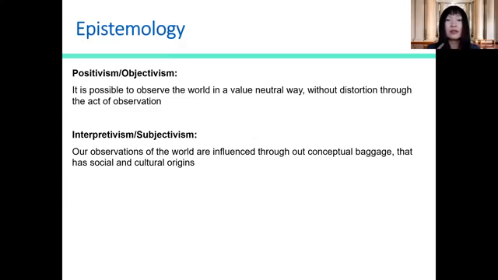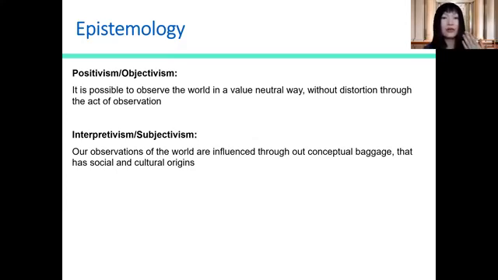So the value of the researcher does not influence the outcome of the observation, and we can observe the reality. That's about objectivism or positivism as an epistemology.